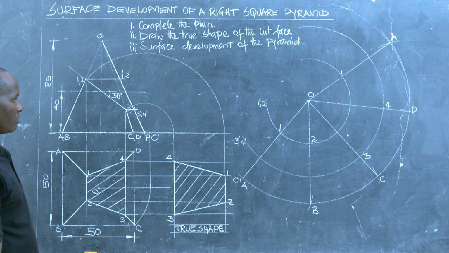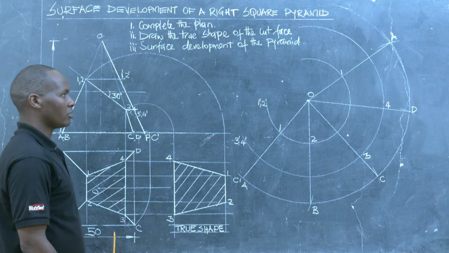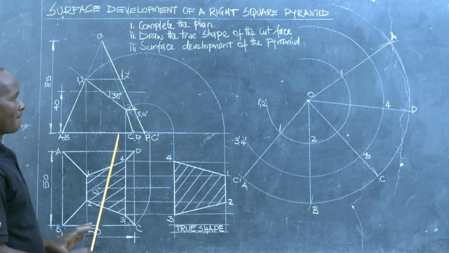And therefore, once we've identified those points, what remains now is to join them with straight lines to define the edges or the sides of the truncated pyramid.